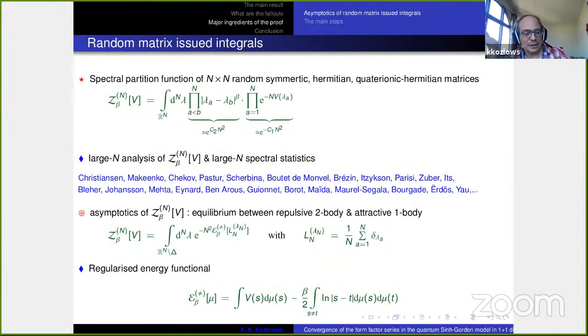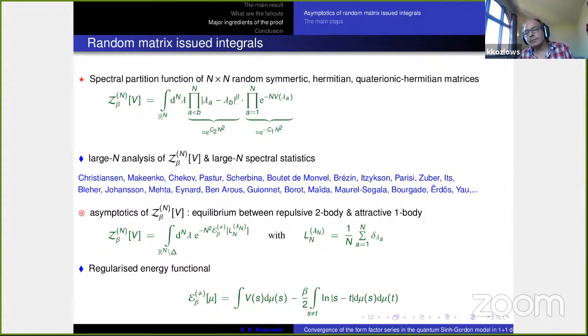So maybe what I would just try to say in a few minutes is to give you the flavor of what you can do to prove convergence. It is very closely related to techniques which were fruitful in the study of random matrices.